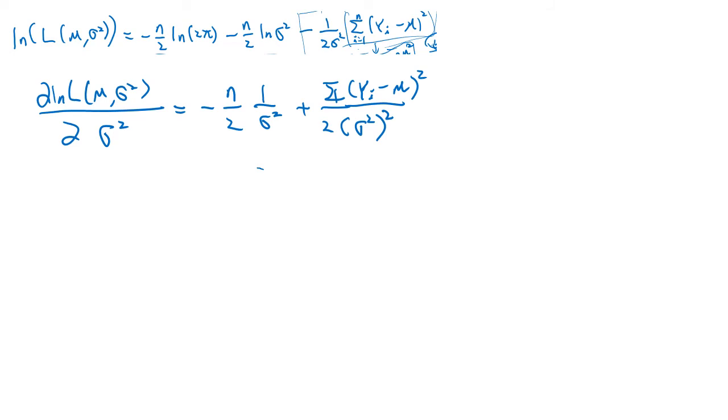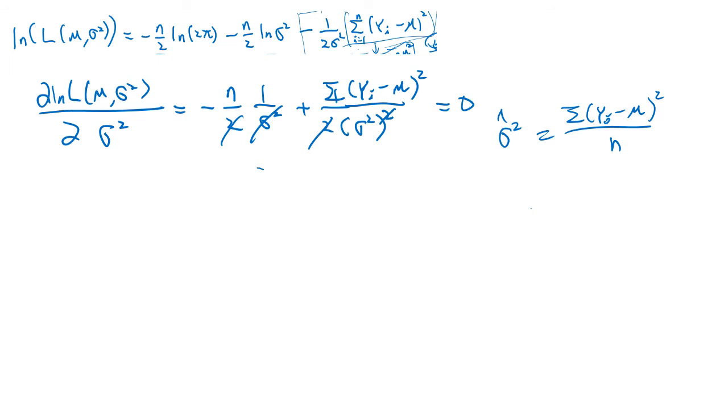Let's set this to 0 and solve it for sigma square. We can cancel one of these, and we can cancel 2, and then we find that sigma square hat is the sum of yi minus mu squared divided by n.